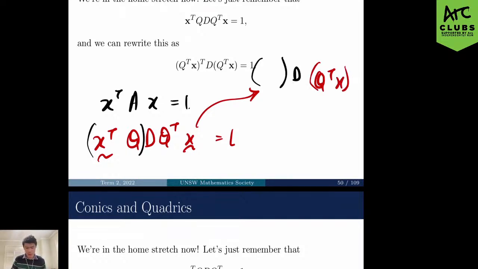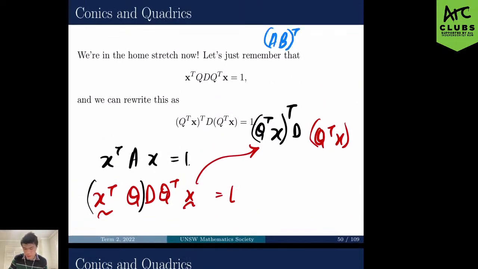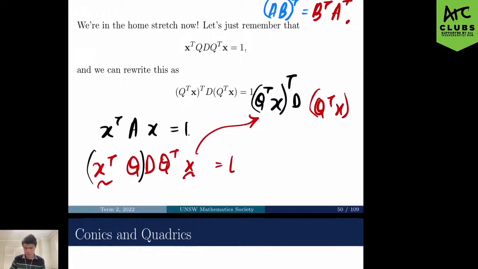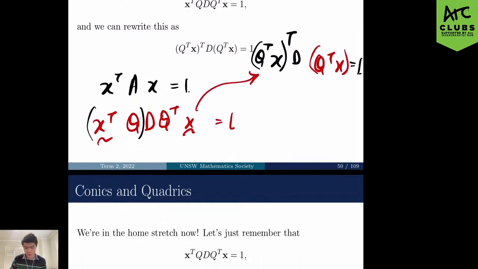But this is actually the transpose, reversing the order, the transpose of the individual elements. Right, so in general, whenever you have (AB) transpose, you get B transpose A transpose there. That's what we're using over here. And that means we replace this with a substitution.